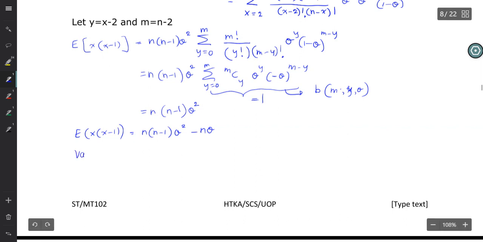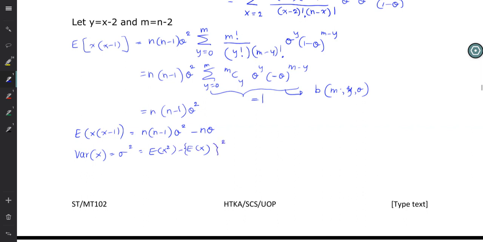And we know the variance of X, or sigma square, is E[X square] minus (E[X]) squared. And E[X square] is actually this one, right?